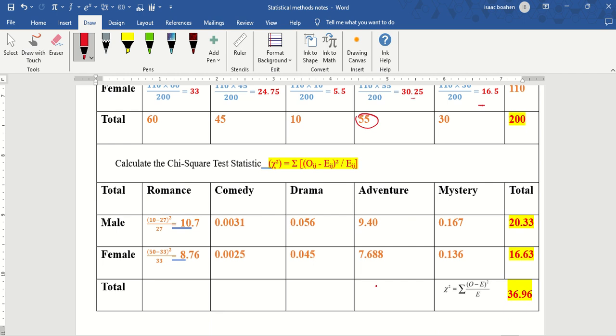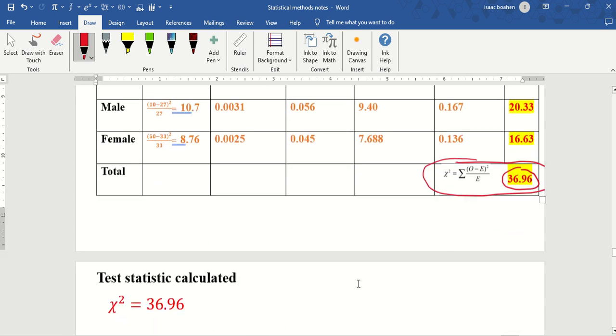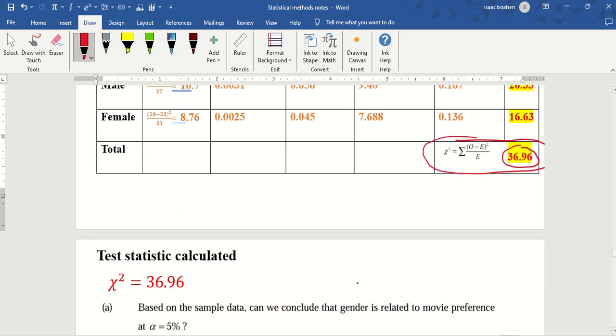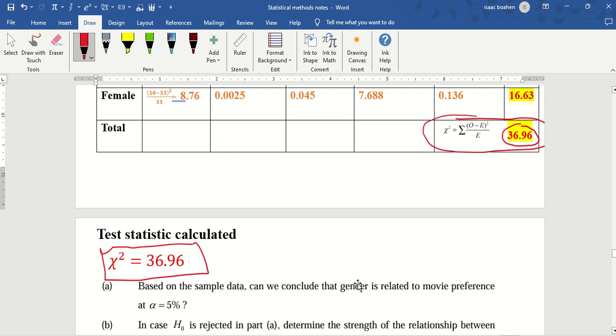So you add the two, you add this, then after that you add the two. If you like, you can add all straightforward. This plus this plus this plus this plus this plus this. You add everything together, and that will give you your chi-squared value. So this chi-squared value becomes your test statistic. So now we know that our test statistic calculated is 36.96.